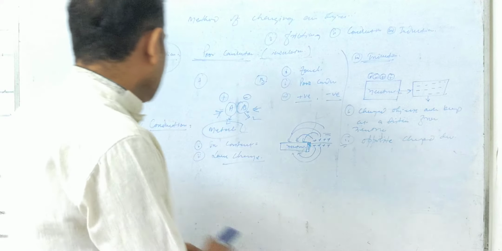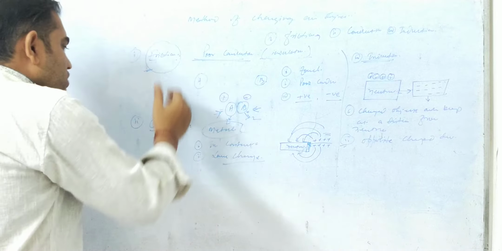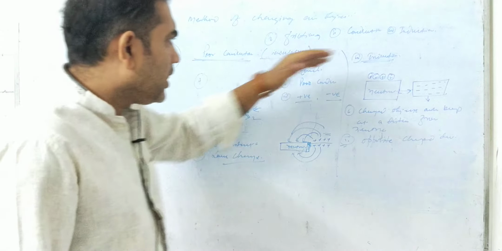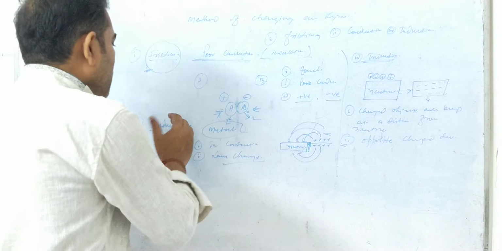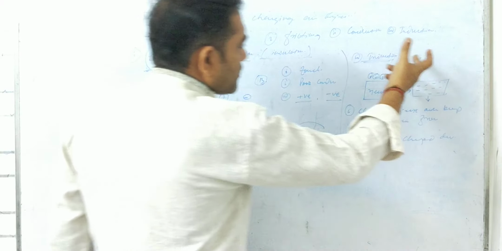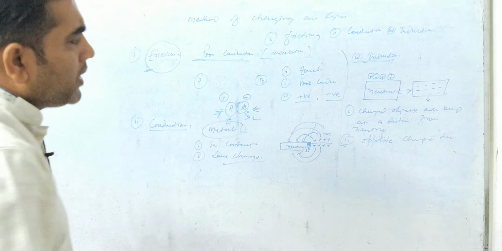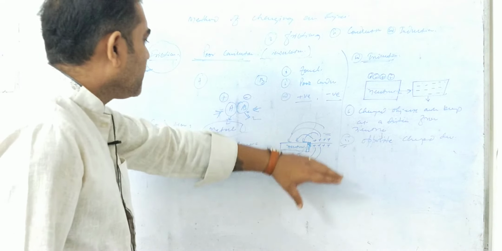If we need to write the difference between friction, conduction and induction, we can write it easily. In order to write the difference between conduction and induction, use the characteristics that I have written.